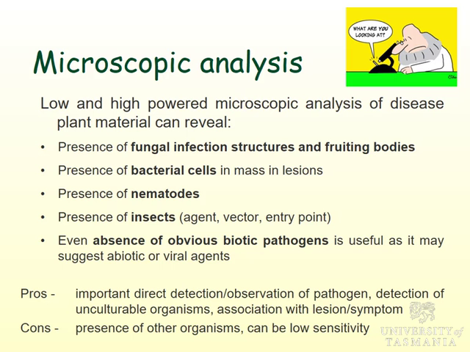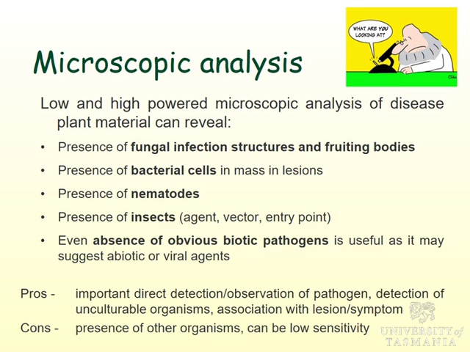The negative, look, there might be other organisms, contaminated organisms, there might be spores of saprophytes that aren't pathogenic sitting on the surface that you might see, and it could confuse you. Hopefully they're not in high abundance, but there is that chance. If it's a really messy, horrible sample, as we were discussing before, there might be lots of these microbes present that aren't pathogens, but they just happen to be enjoying the ride and eating all the dead material.